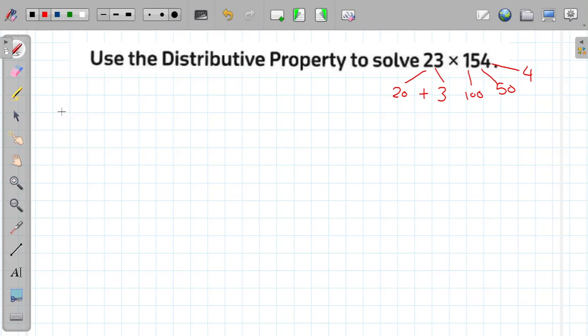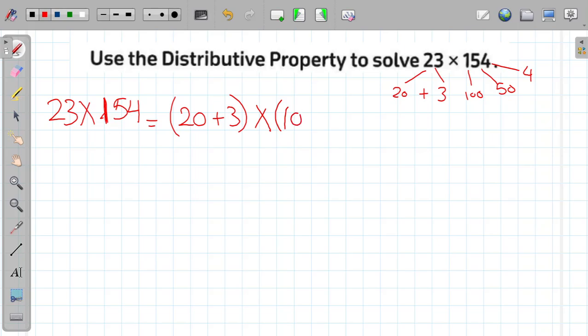Okay, so I will write the first one. So I will say 23 times 154 equals, the first one was 20 plus 3, and the second one is 100 plus 50 plus 4.